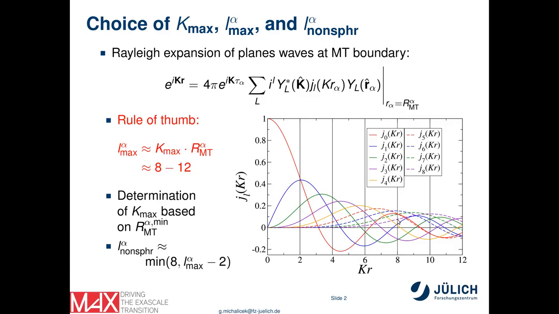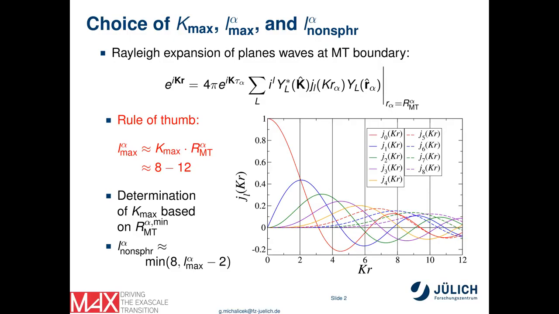This is more or less always the case, independent of how you choose the Kmax and the R muffin-tin. So we are at half of the first maximum.